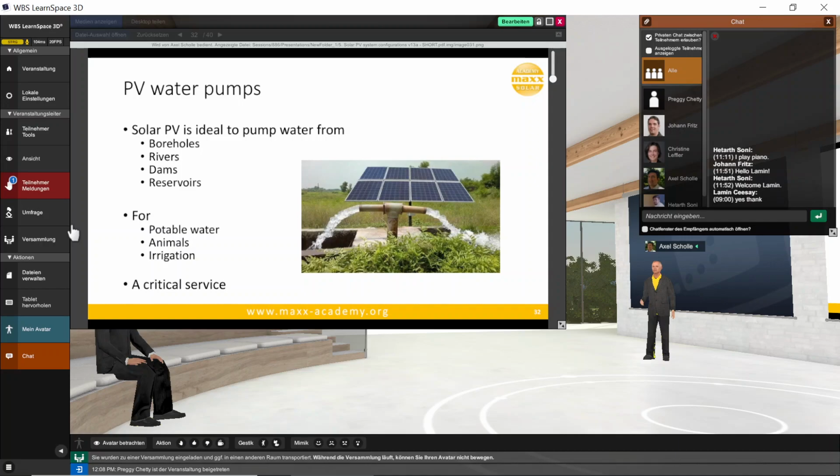It's just not a grid connected application, but it's definitely something that can change people's lives that have to carry water from the river. You can have a water pump in the river, pump up to a reservoir. So a lot can be done with solar water pumps.